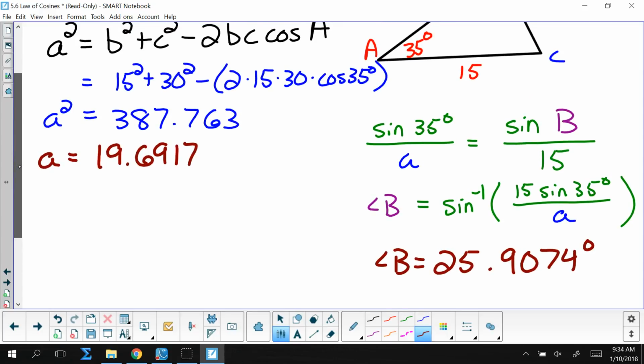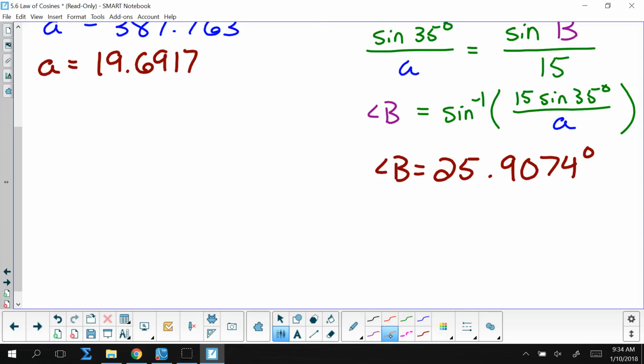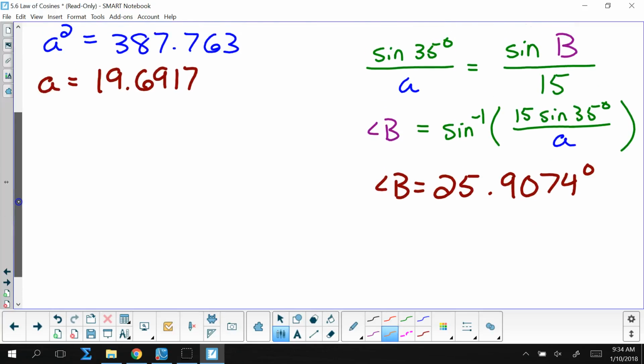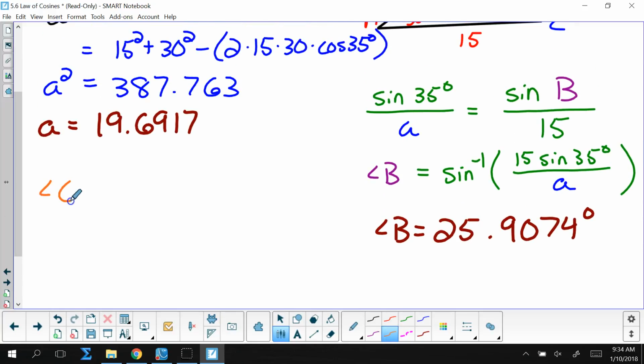Okay? Now, how do I find angle C? Angle C is going to be equal to what? 180 minus 35 minus that angle B, right?